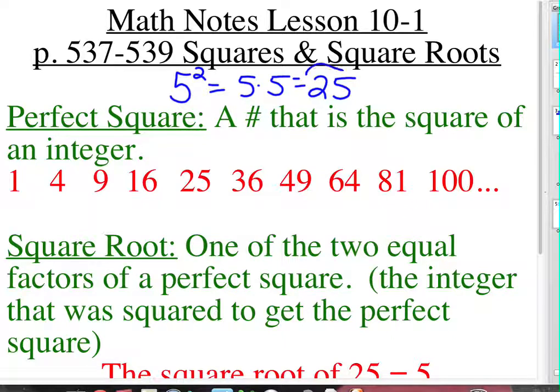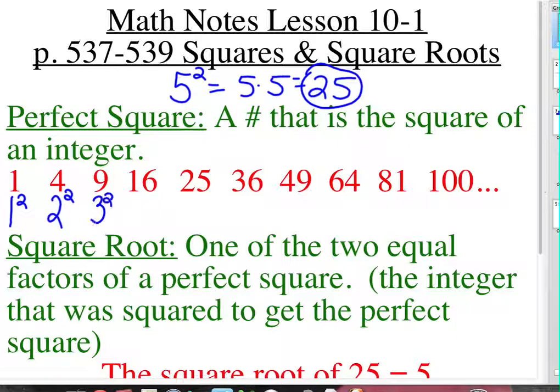So this answer that I just got, this 25, that has a name. That's called a perfect square. So, this first definition here, a perfect square is a number that is the square of an integer. So here down below in red, I've listed the first 10 perfect squares, right? 1 is a perfect square because that's the answer you get for 1 to the second power. 4 is a perfect square because that is the answer you get for 2 to the second power.